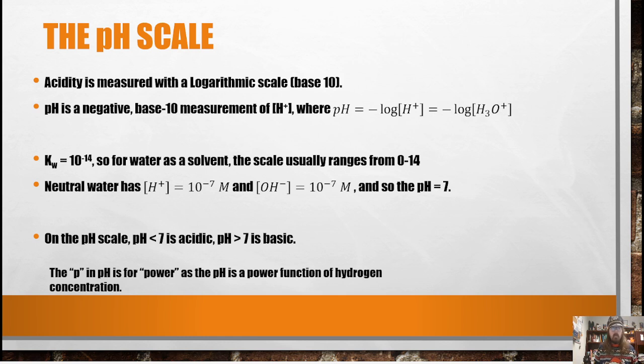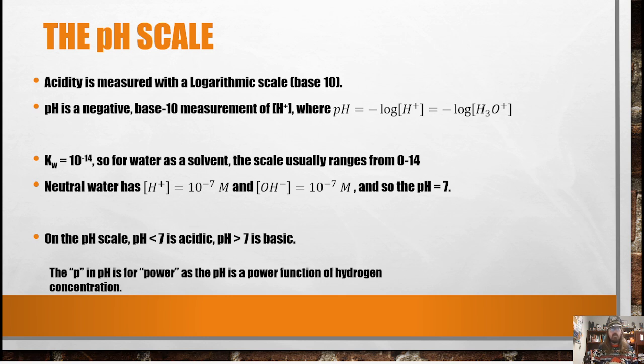But because these are small numbers instead of really large numbers, we will use a negative logarithmic scale, which just means we'll take a negative log of base 10 of the concentration of hydrogen, essentially protons, or hydronium. And what this will do is turn it into a positive number that we can easily measure.